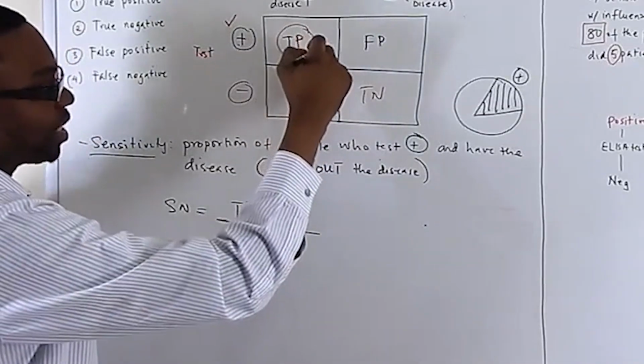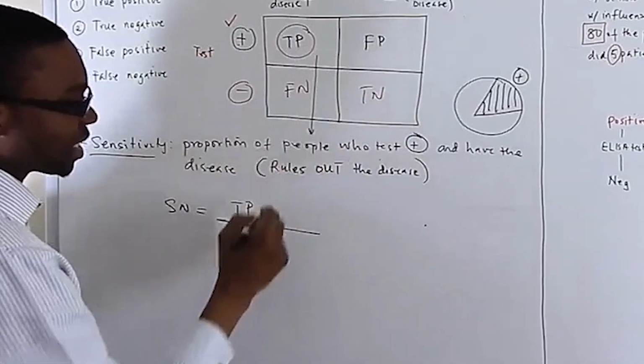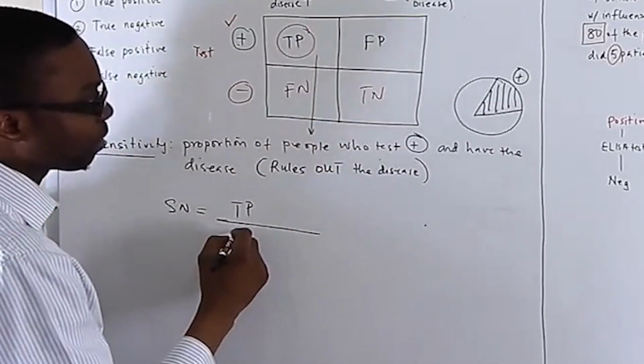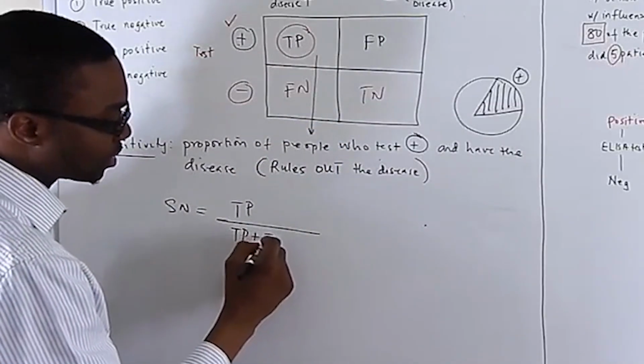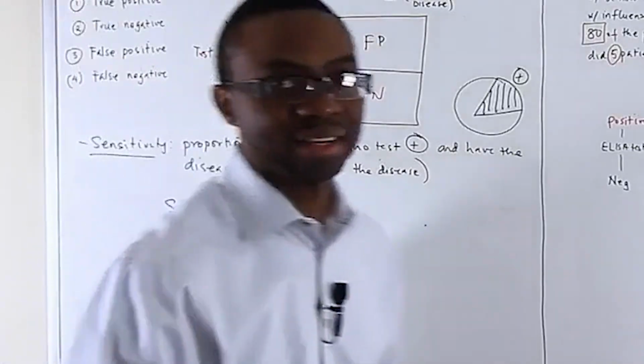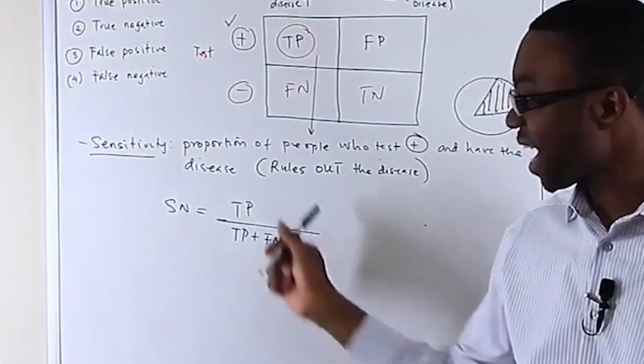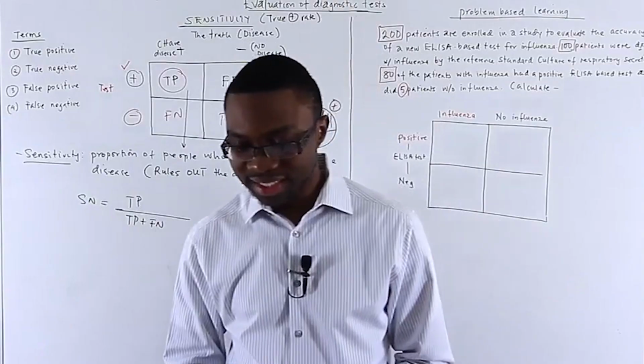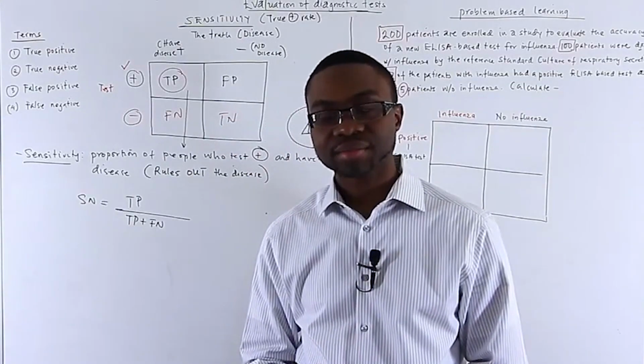So basically you come down like this, and this is going to give you sensitivity. True positive plus the false negative. Okay? That is the formula for sensitivity.